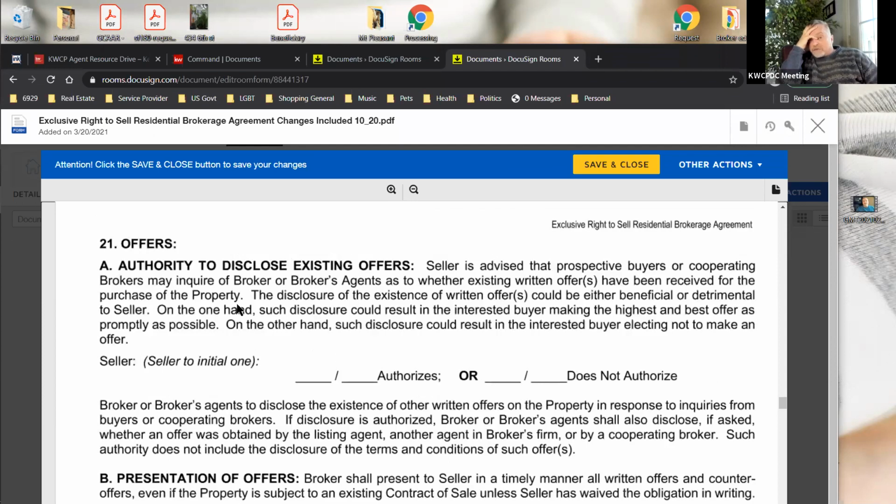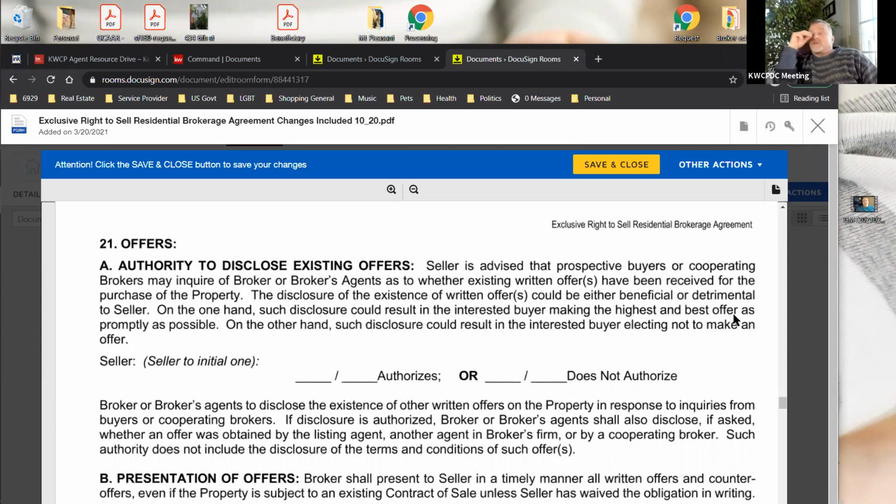If you have a listing and you've got 12 offers in hand, and another buyer agent asks you, "Do you have any offers in hand?" and you say, "Yes, I have 12 offers," there's a pretty good chance that the buyer agent and the buyer may decide, "You know what? We don't even want to bother competing with 12 other offers. We're just gonna skip it." So that's a reason why the seller may not want to disclose it.